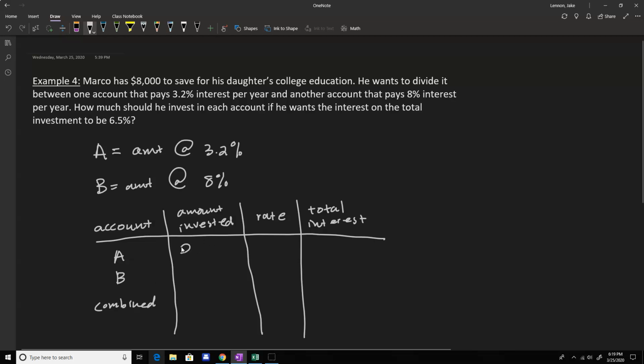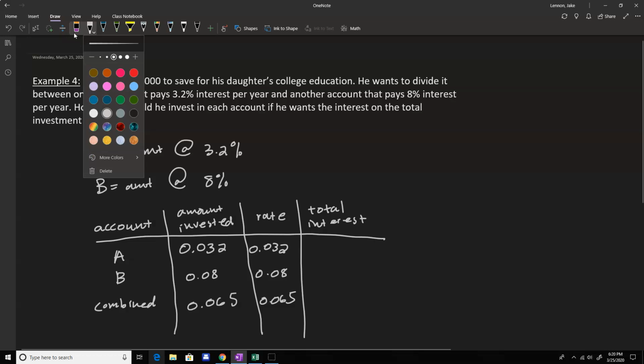A is 3.2%, which is 0.032. B is 8%, or 0.08, and the combined investment is 0.065. Oops, I wrote my columns in the wrong order, so let's copy all that information over. We should have 0.032 here, 0.08 here, and 0.065. I mistakenly wrote the rates under the amount invested column.